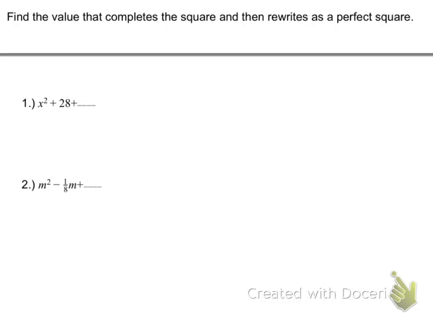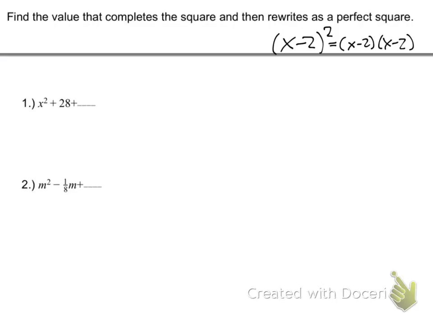So we need to find a number that fills the blank here so that I can factor it to form a perfect square binomial. And what I mean by that is something as simple as x minus 2 squared. If you remember, x minus 2 squared is the same thing as x minus 2 times x minus 2.